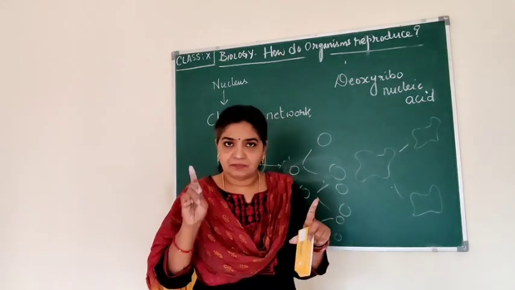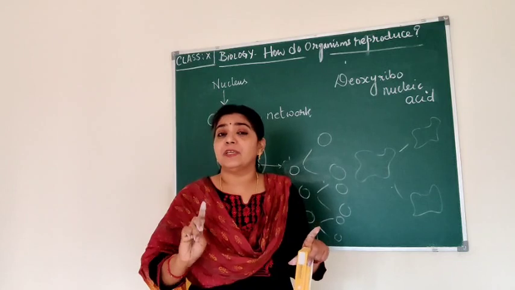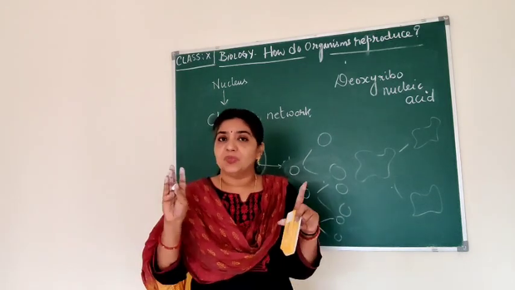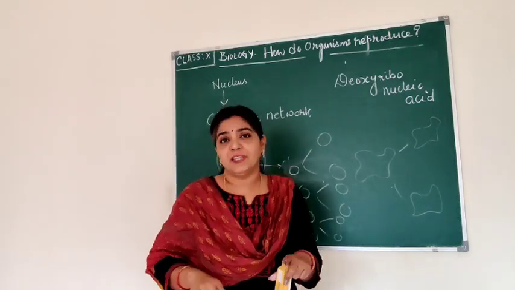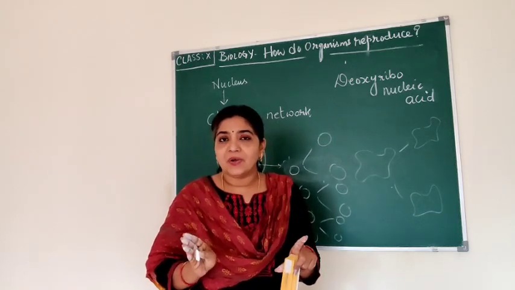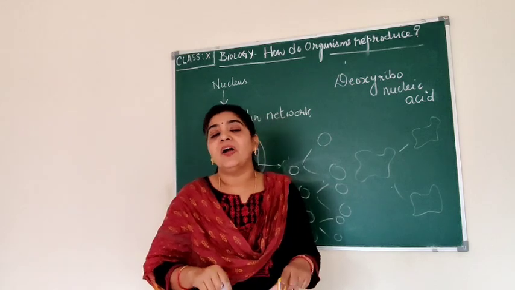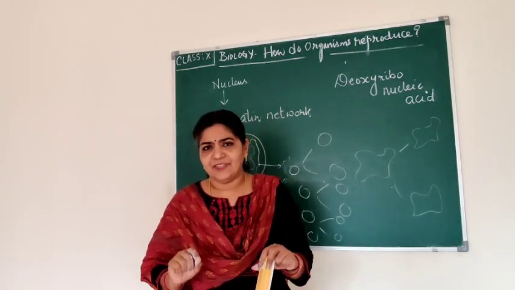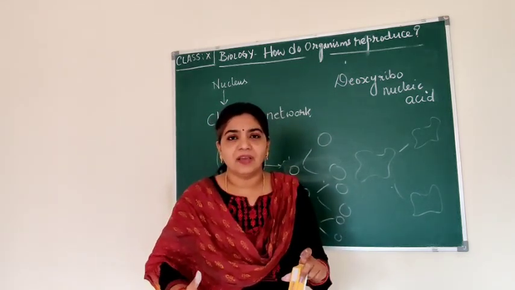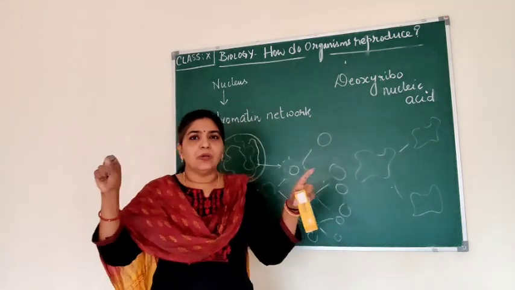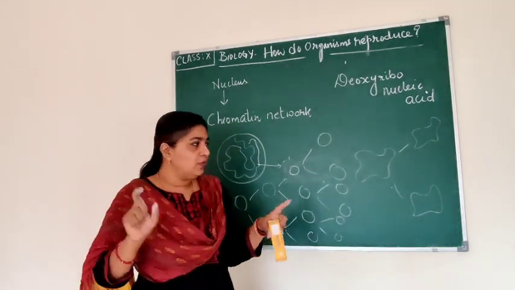So now cell division takes place in our body, okay? So there are two types of cell division. One is called mitosis cell division, the other one is called meiosis cell division. So this you will be learning in your higher classes. Just to make you understand what this DNA is, I have to tell you this.